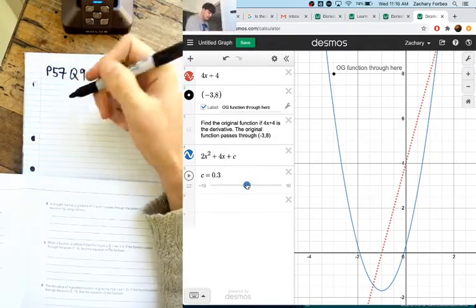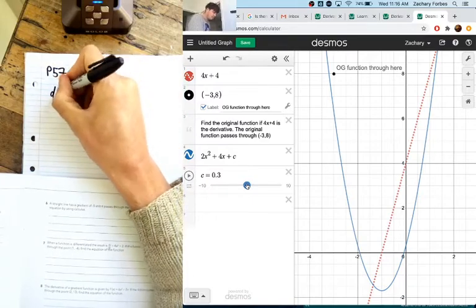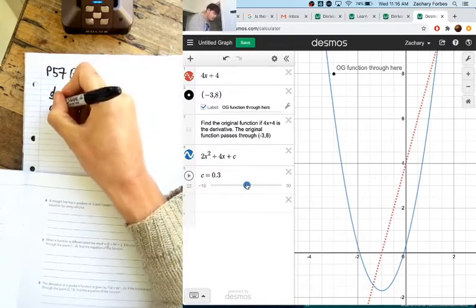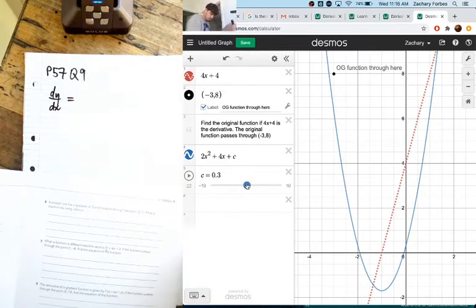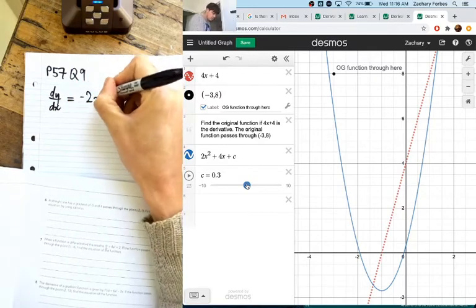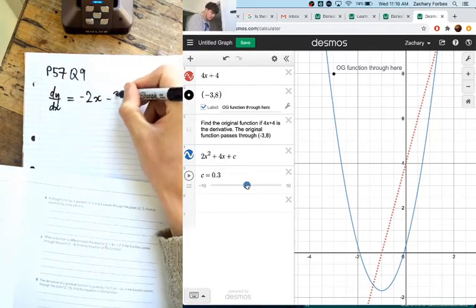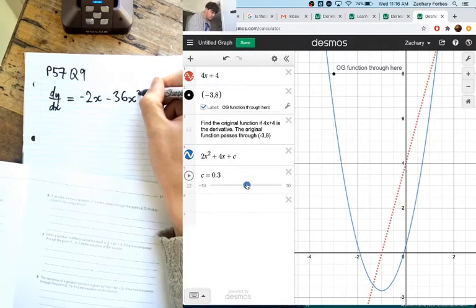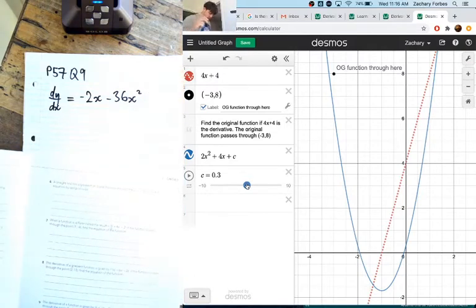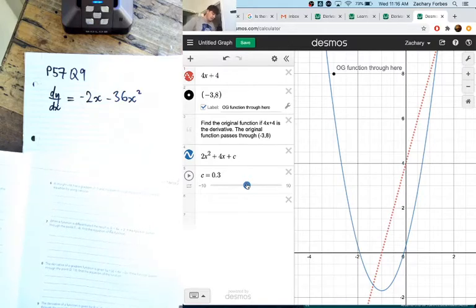The derivative of a function is given by, so we're going to write dy by dx equals -2x minus 36x squared. And the function passes through the point 1, -4.